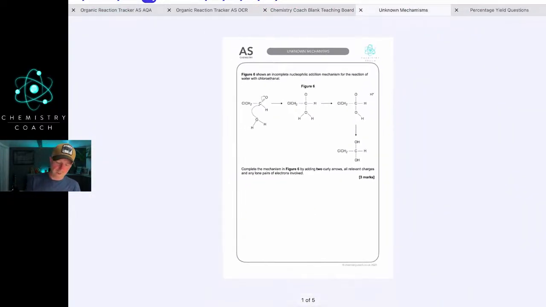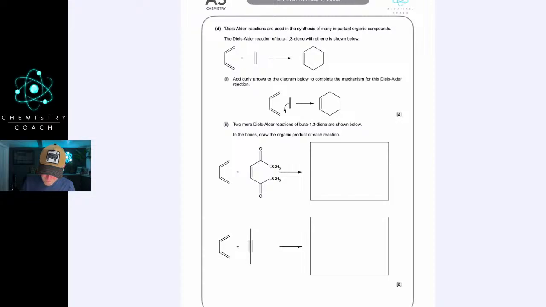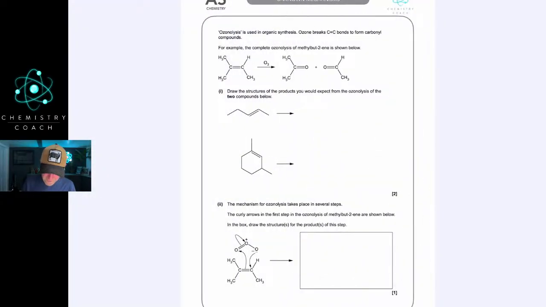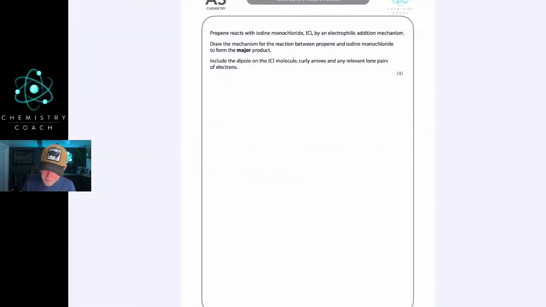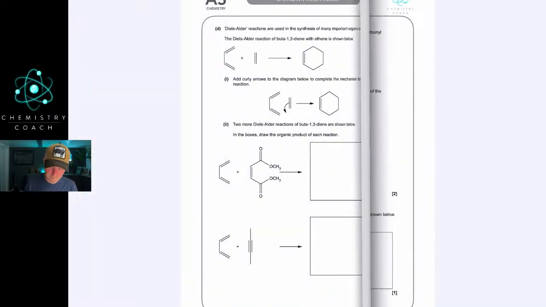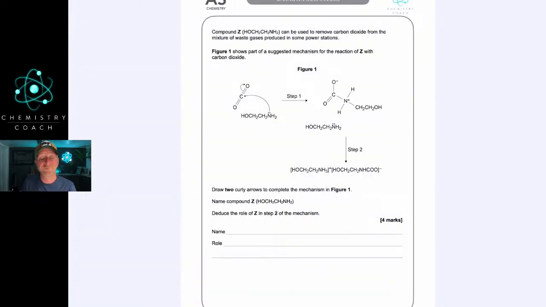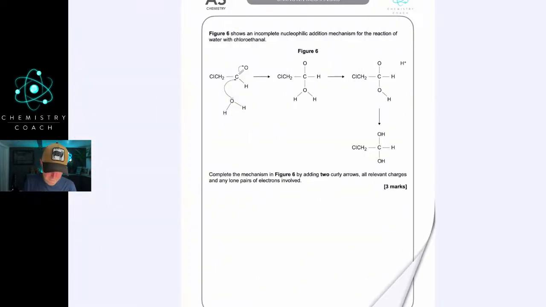That PDF gives you some questions from an AQA exam. There's another AQA one, an OCR one, an Edexcel one. They're all at it. These are examples of mechanisms that you don't know. They're not in the spec.